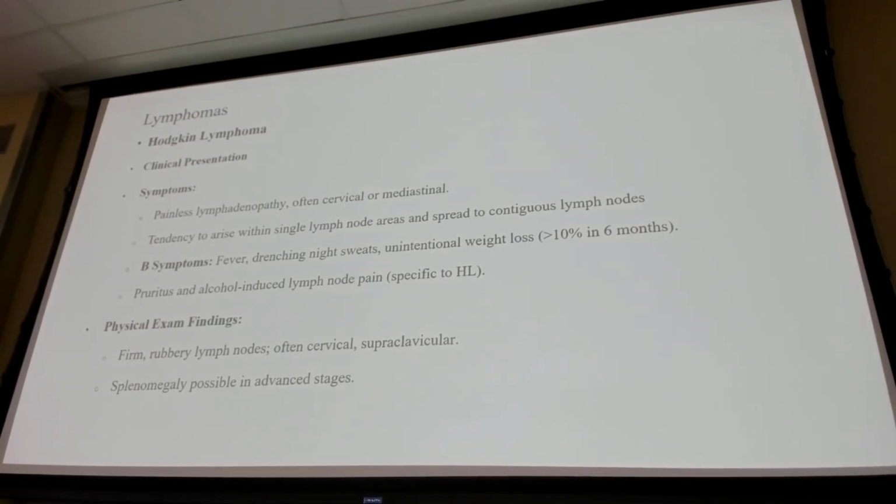So you would expect to see, if it's in the neck, maybe then into the axilla or whatever, versus jumping from here down to your groin. Contiguous lymph spread. B symptoms: fever, drenching night sweats, unintentional weight loss, pruritus, and alcohol-induced lymph node pain. So again, that's something specific to Hodgkin's. That itching, alcohol.